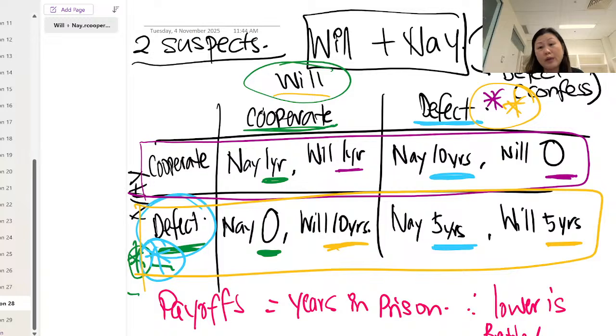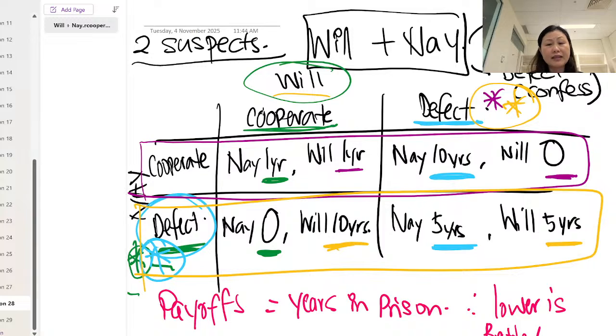So we can see here that the best outcome is for Nay and Will to cooperate, to stay silent. However, that is not their dominant strategy.